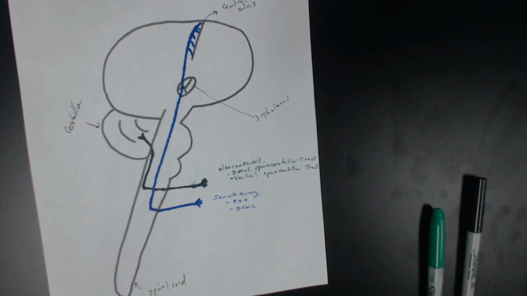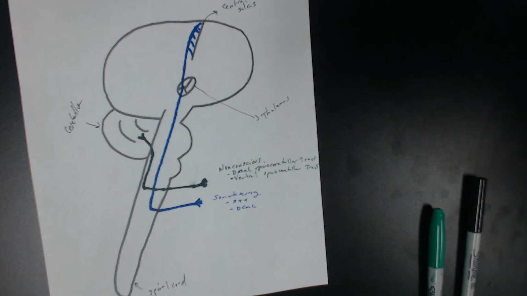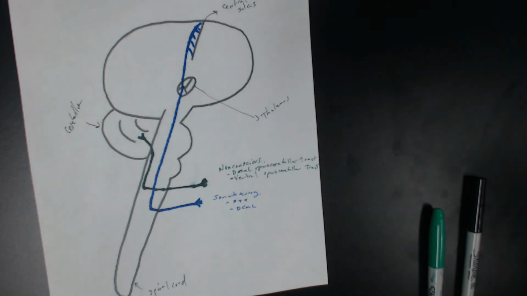Yes? Can you say that again? Absolutely. The dorsal, D-O-R-S-A-L, spinocerebellar. So spino, S-P-I-N-O, and then cerebellar. And then ventral spinocerebellar. So you're going to have a dorsal spinocerebellar and a ventral spinocerebellar tract.